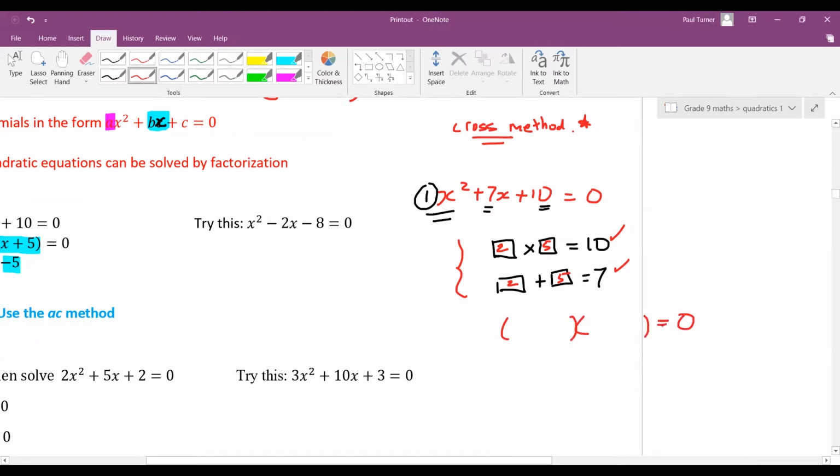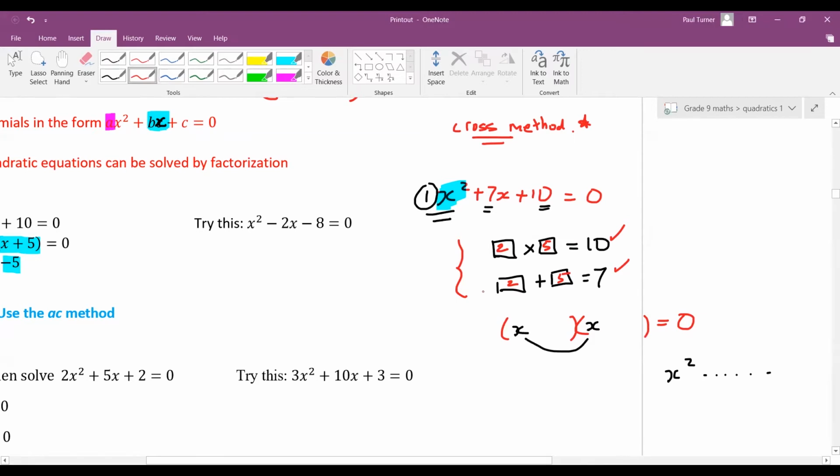factors like this. Now, because this is x squared, that means your first two numbers have to be x. Well, your first part of this factor is x, this part is x. So when you multiply that, you'll get x squared and then something after that. So you write x in here, and then you write these two numbers in here and here.